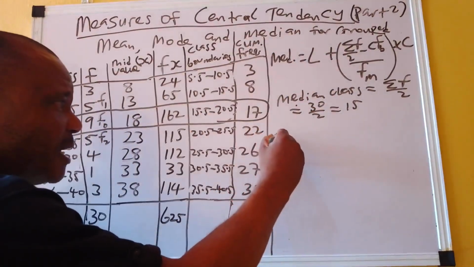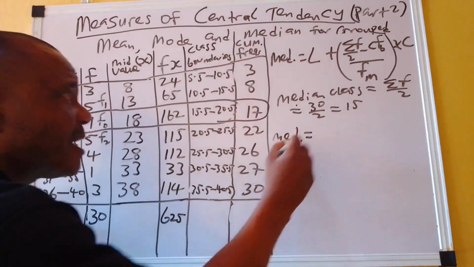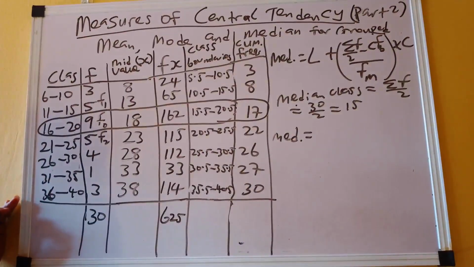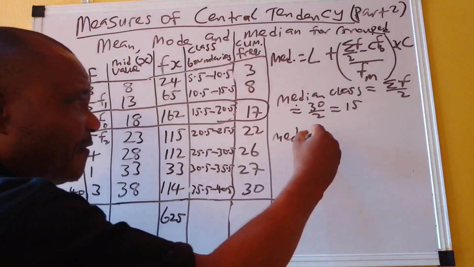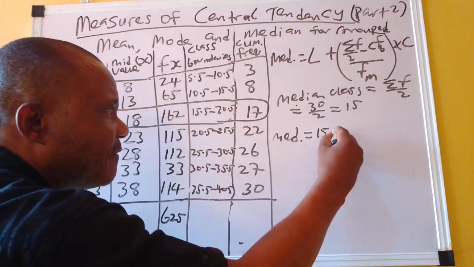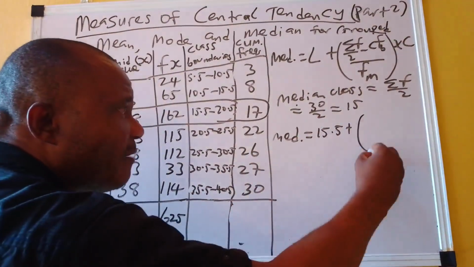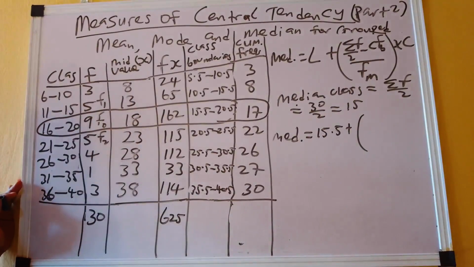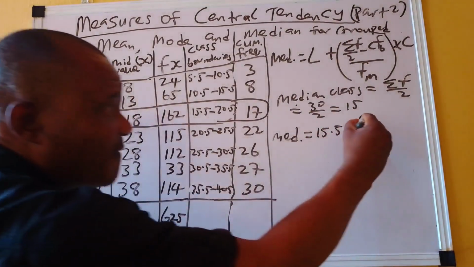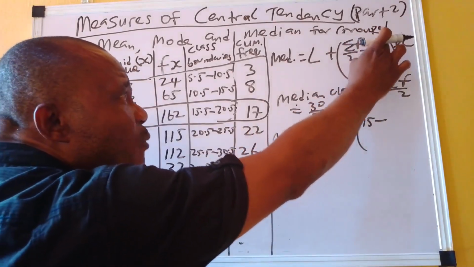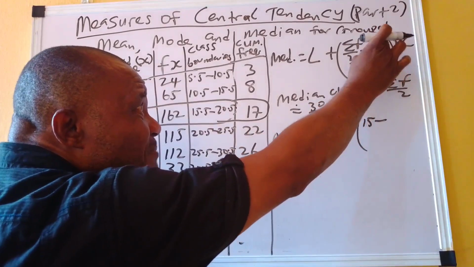Now let us calculate the median. The median is now equal to our L, again, the lower class. Normally you will get it from the class boundaries. It is 15.5 plus, then you come here, we have already calculated our f over 2, which is 30 over 2, which is 15, minus this CF means cumulative frequency B, the subscript B here means before.